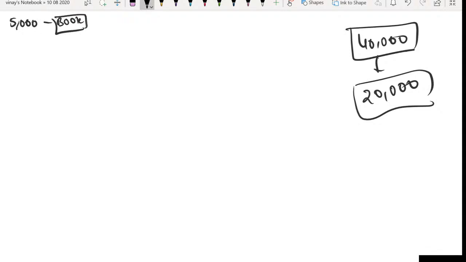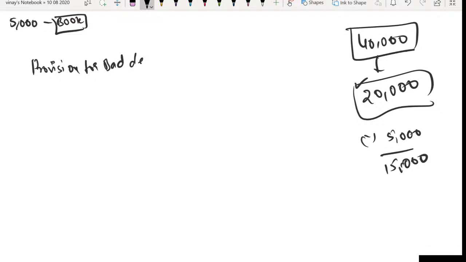So you will not create 20,000; just minus 5,000, you will create a provision of 15,000 now. So provision for bad debts account debit to P&L account, 15,000. Done. Then this year is done.